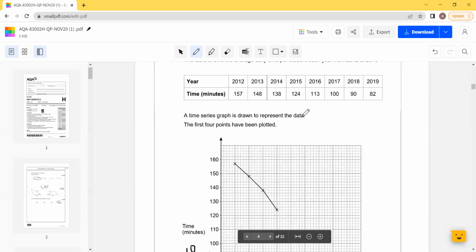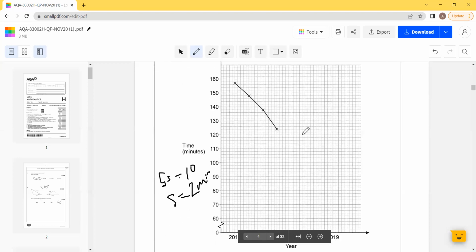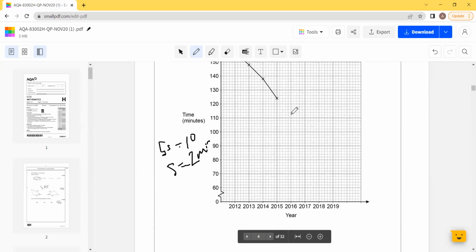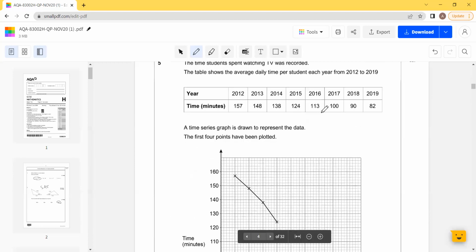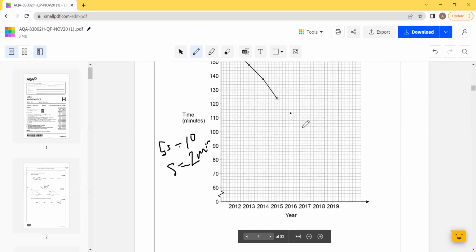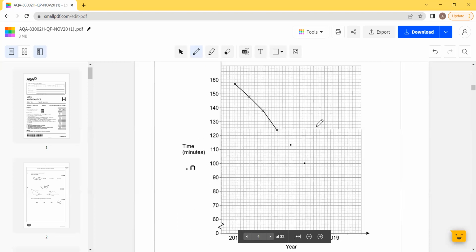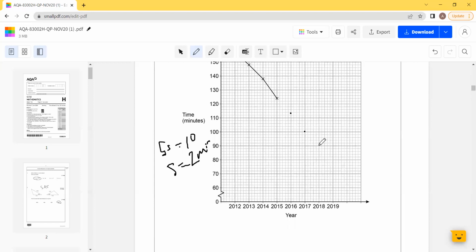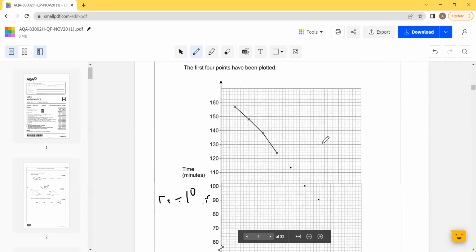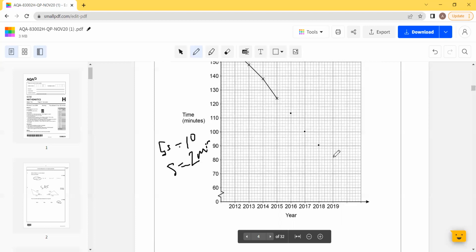Okay, so 2016, we're at 130. So it'll be here, just above the first square. At 2017, that's 100, so 100 minutes is over here. 2018 is 90, so move down by a square, and at 2019, 82, so it's the first square above 80.